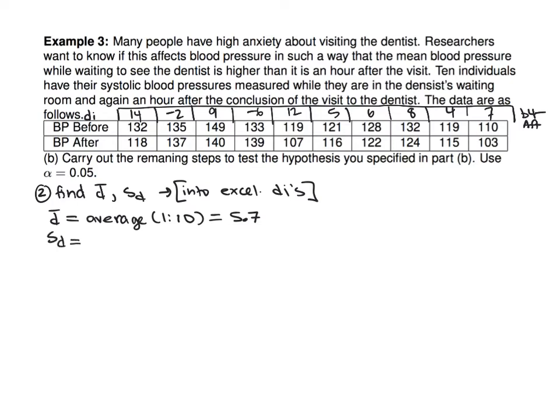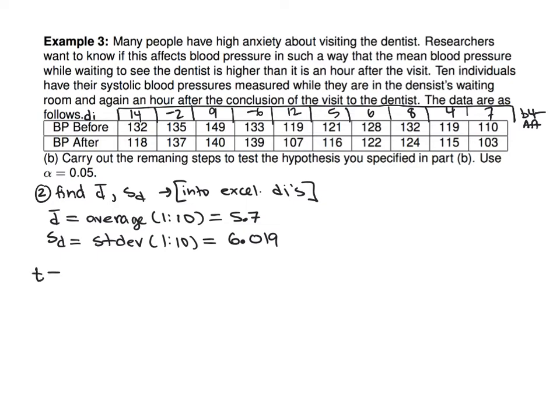SD, which is the standard deviation, you type in STDEV and highlight the column 1 through 10, and this should give you 6.019. If it was a test, obviously I'm going to give you these values because you can't use Excel.